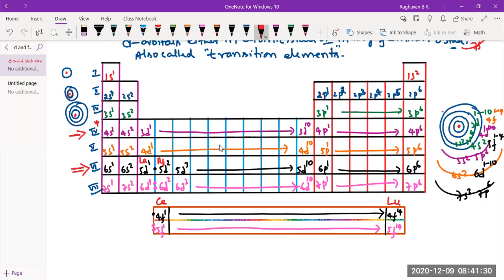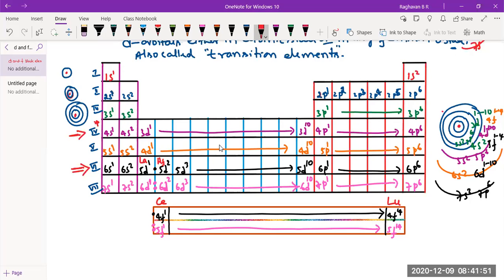So from lanthanum to hafnium, the gap is 14 atomic numbers. That means there are 14 elements which differ here. It is not the continuous atomic number. Is that okay? Of course, hafnium onwards, it continues with filling up of D electrons.